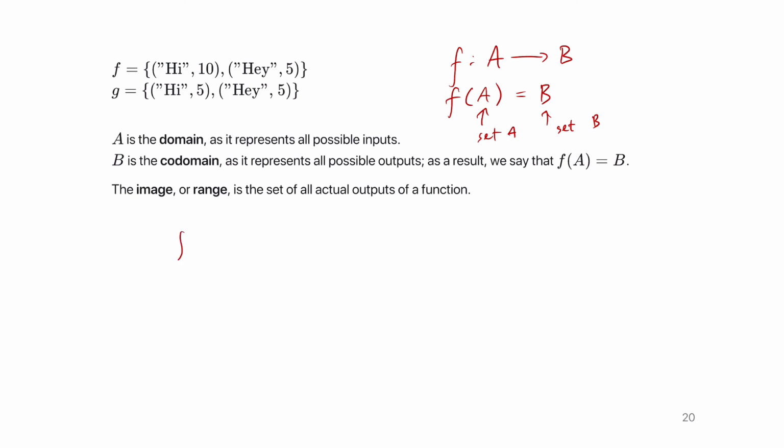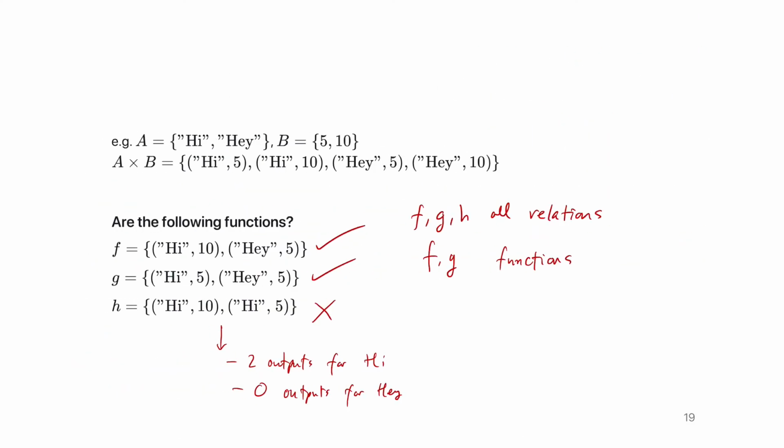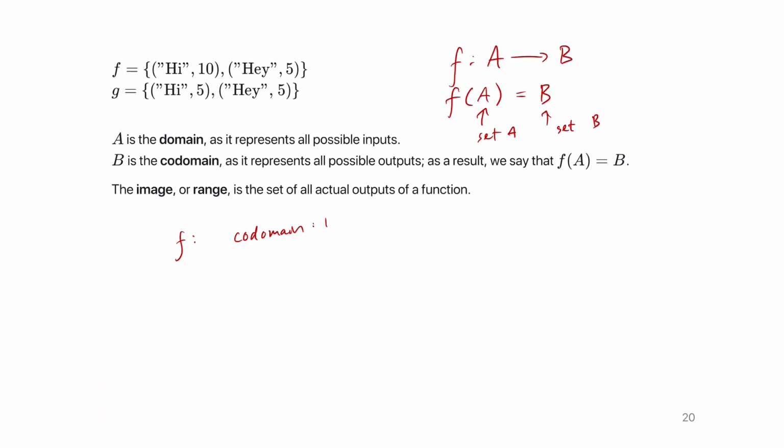So why don't we write this out explicitly? For f, what's the codomain? Well, we're assuming that we're still using A and B, so it's just B, which is 5 and 10. But for f, what is the range? What is the set of all actual outputs in f? We're looking at f here. 5 and 10, it's the same thing.